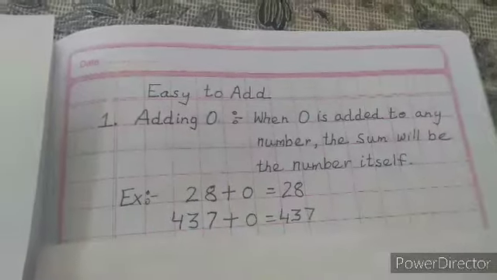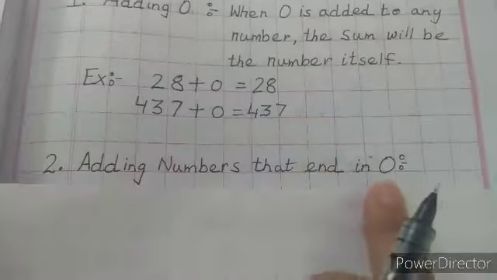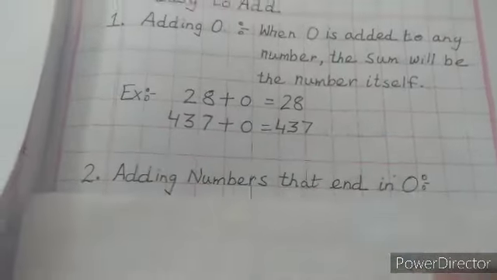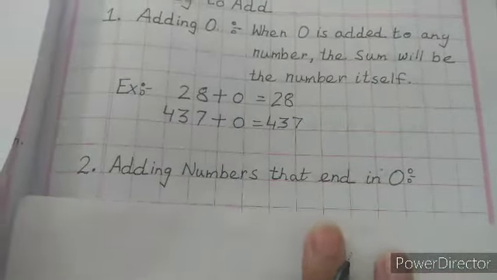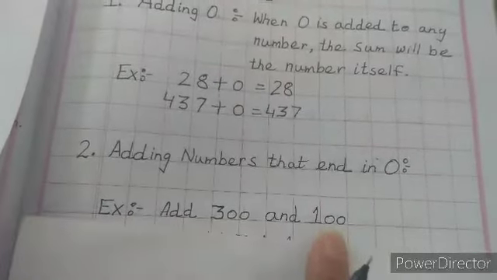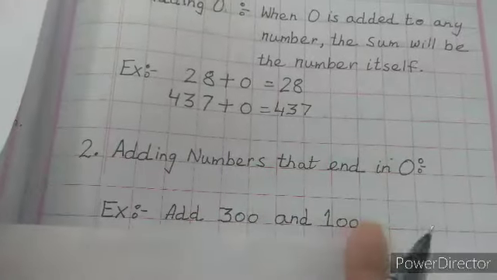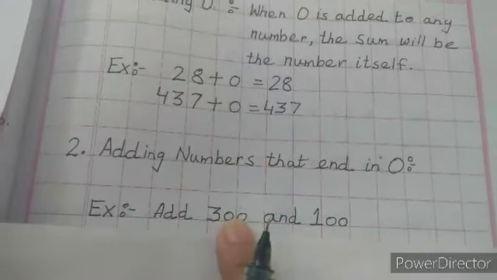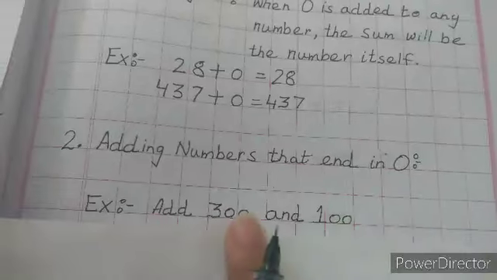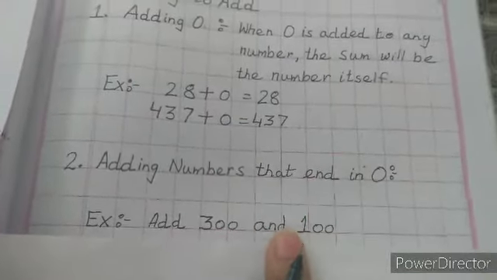Now next is adding numbers that end in 0. Let us see an example. If we want to add 300 and 100, in both numbers there are 2 zeros at the end. So what we will do?